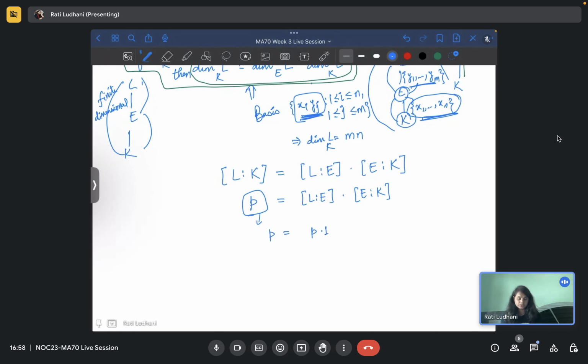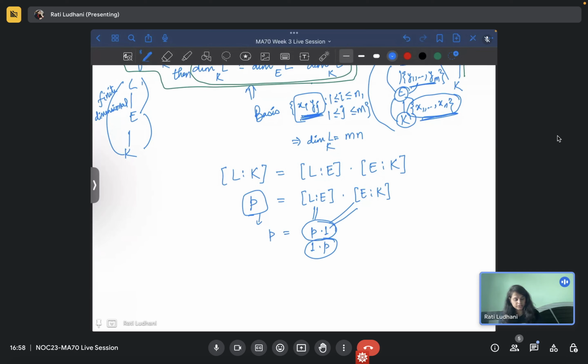What are all the divisors of p? 1 or p, right? So either this situation can occur, or this situation can occur. The first one is for L over E, and this is for E over K.